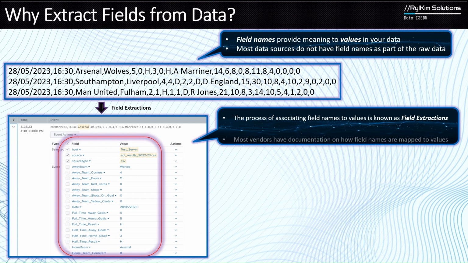Now, most vendors have documentation on how field names are mapped to the values in their raw data. So we just spoke of all these vendors like Cisco, AWS, IBM, and when you get data from these sources and ingest it into Splunk, as I said, the data is not automatically interpreted. That is what happens in most cases.